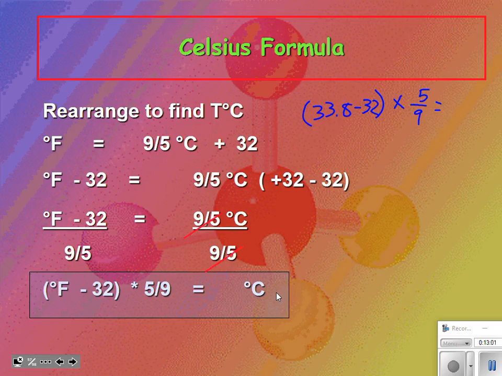When I do my math, 33.8 minus 32, I get 1.8, and I multiply that by 5/9, and I get 1, which I should get.